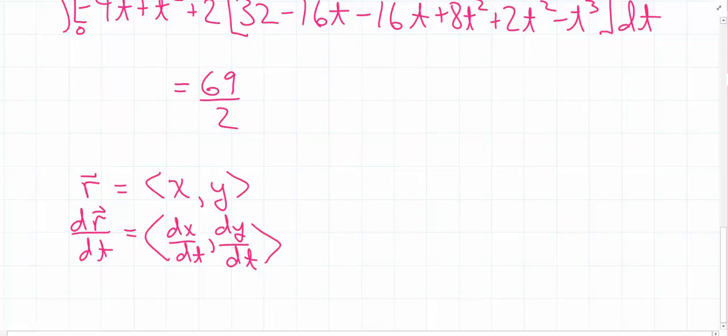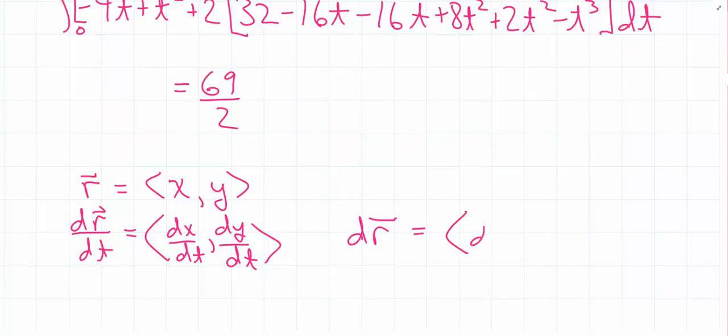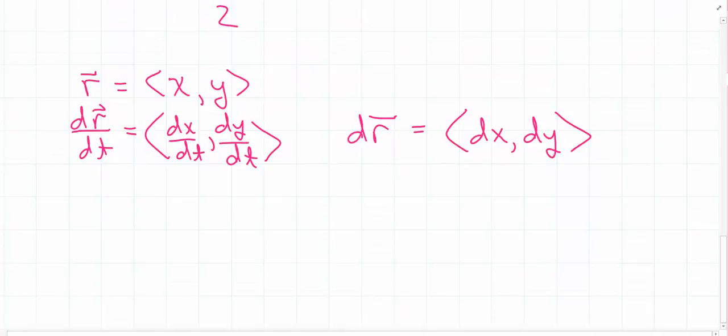So we're looking at an alternative notation that you'll see sometimes. That kind of makes sense, right? Now, if I do this thing once again where I'm thinking I'm multiplying through by dt, but I'm writing it in differential form, what we get is dr is equal to dx, dy. Okay, that kind of makes sense. The derivative of x, the derivative of y.